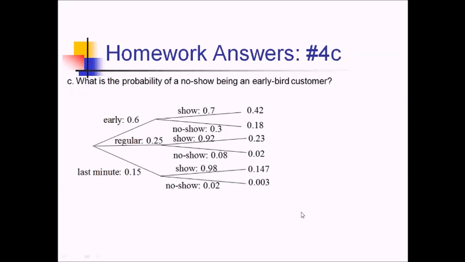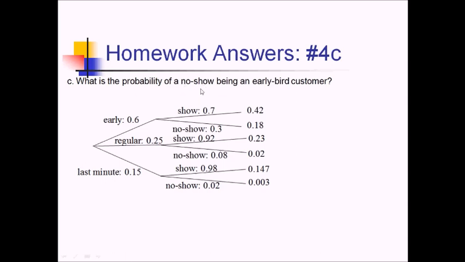For part C, they want the probability of a no-show being an early bird customer. So this is a little bit different than asking what's the probability of being a no-show and an early bird customer. If they were asking for no-show and early bird, they'd just be asking for this 0.18 right here. But we're already being given the fact that we're just looking at the no-shows.